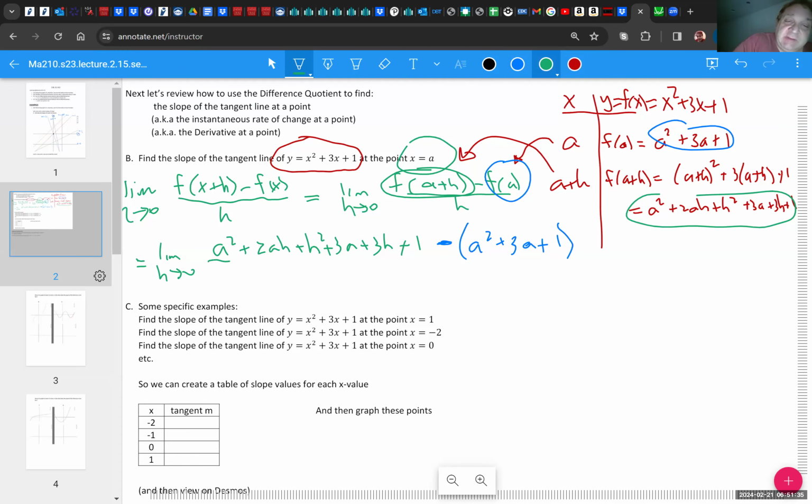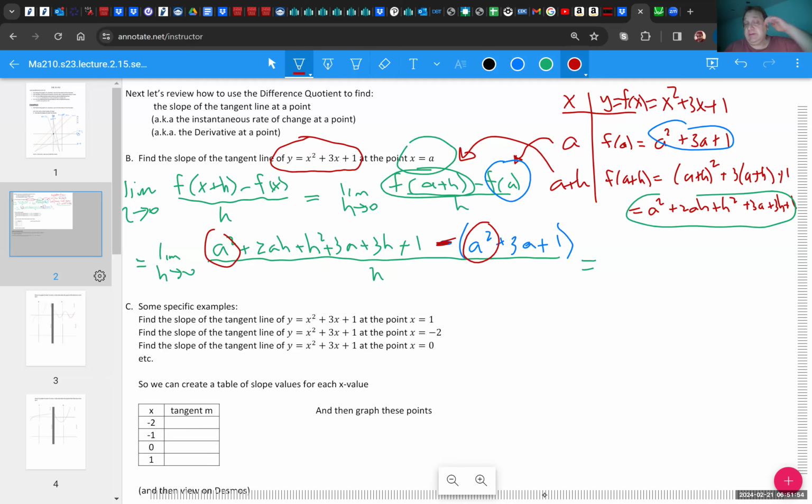We still have this big division by h on the bottom. So that is currently our limit. That is a lot of stuff, so let me see if things can simplify. I have an a squared and a minus a squared. a squared minus a squared is 0, so I don't have to write that.